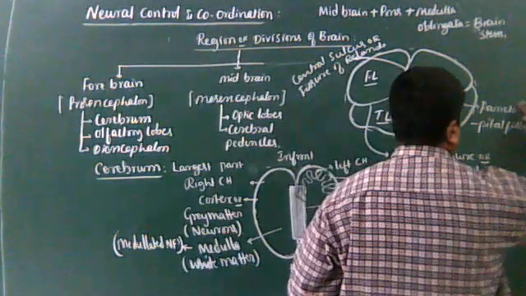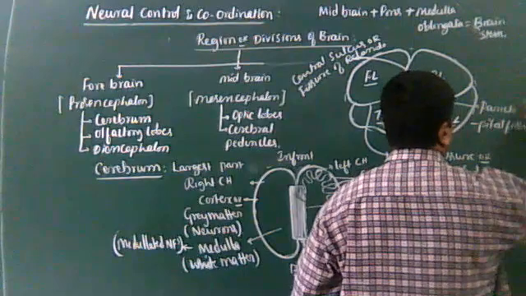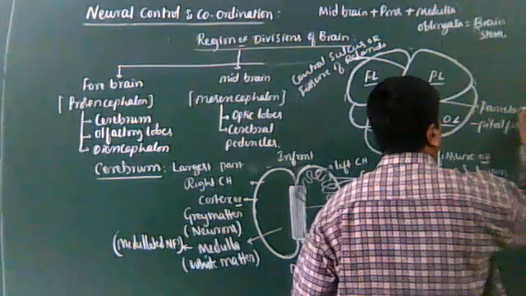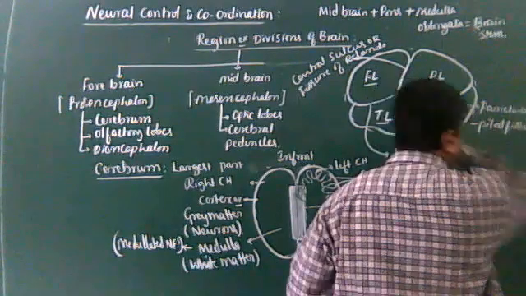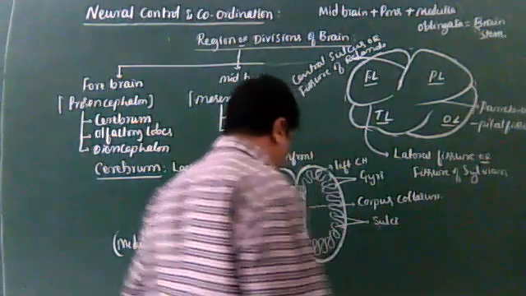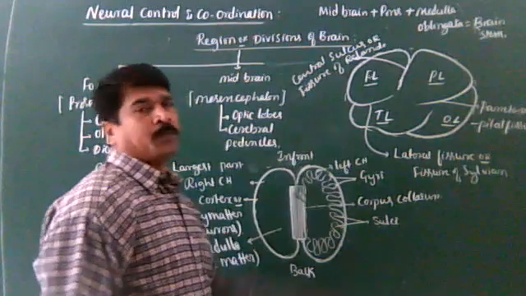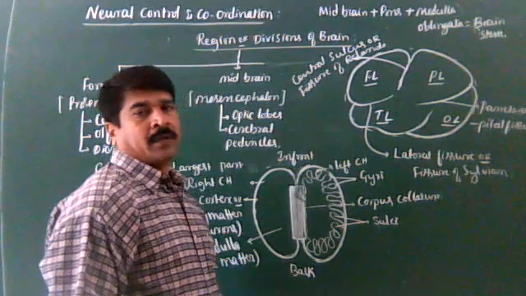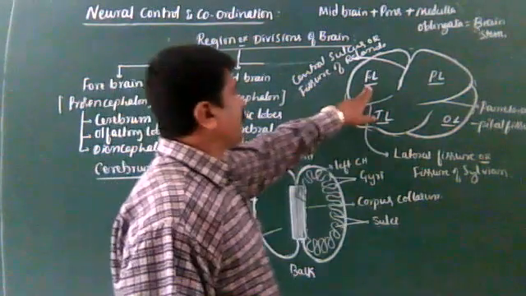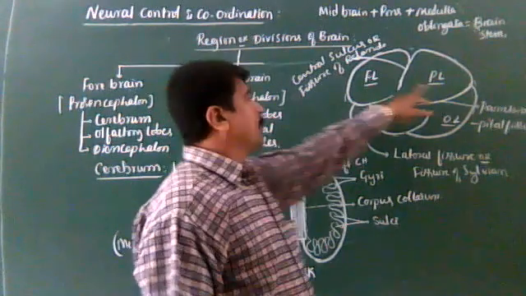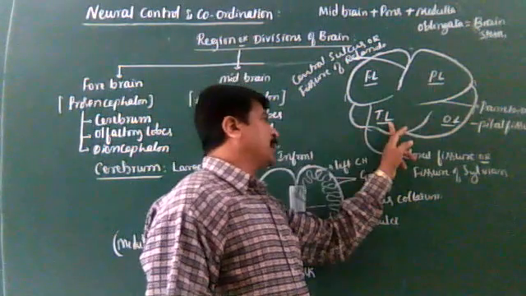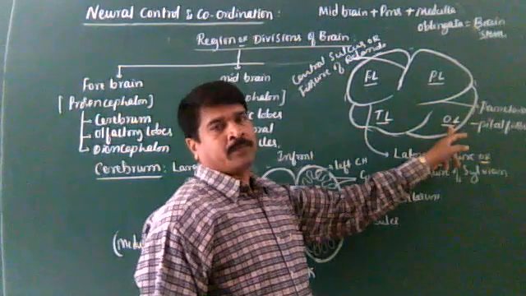Look at the board. So each cerebral hemisphere is divided into four lobes by fissures. The four lobes are named after the bones that cover them. Got it? The four lobes are the frontal lobe, parietal lobe, temporal lobe, and occipital lobe.